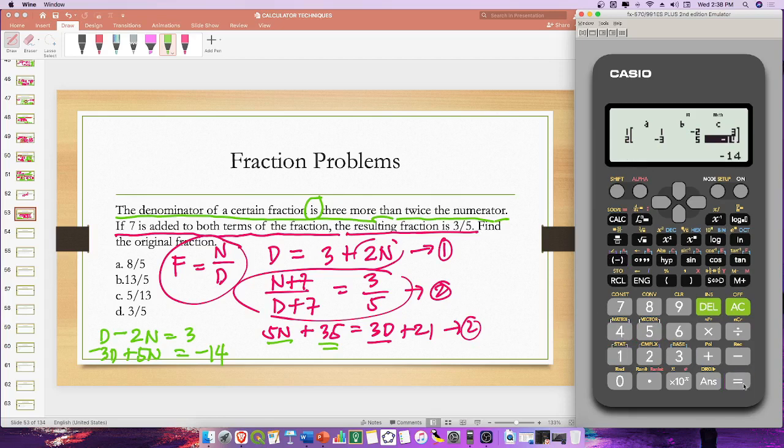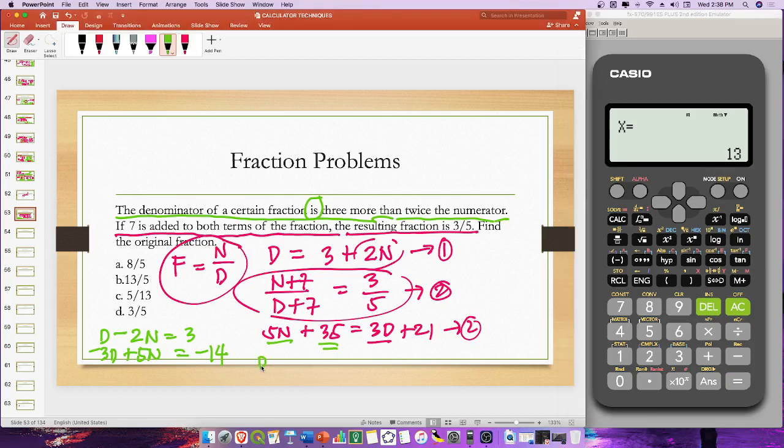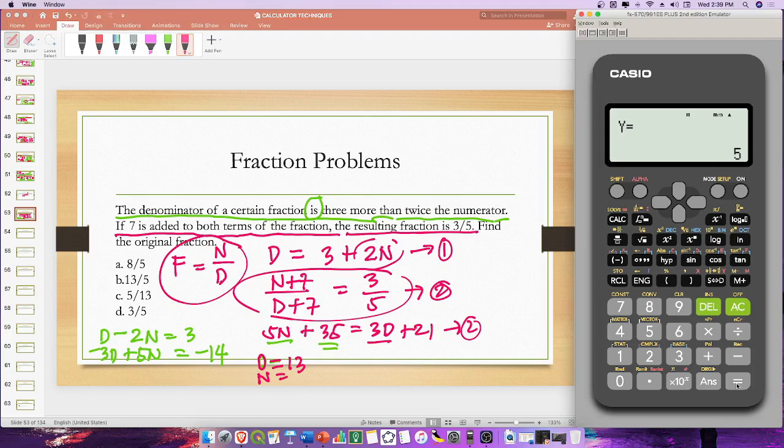The first value that will come out will be the value of d. That's 13. So d is equal to, I will write it in red, d is equal to 13, and n is equal to, press the equal sign, 5.